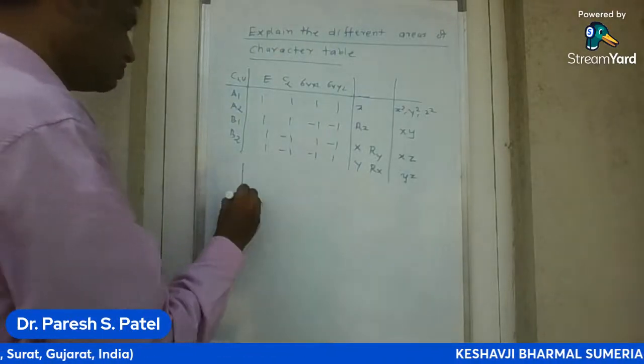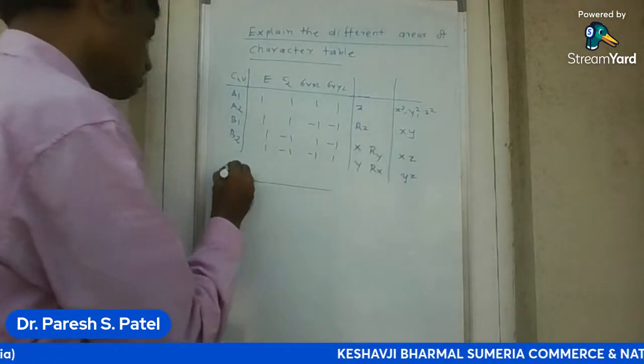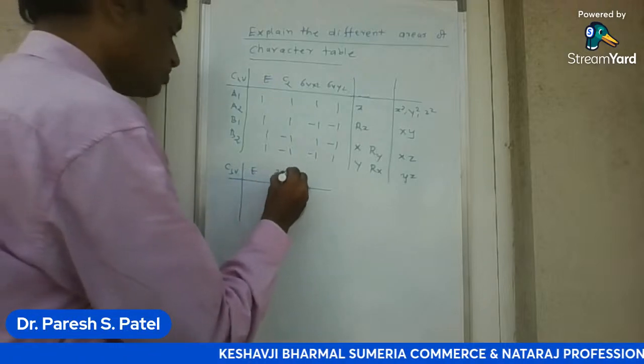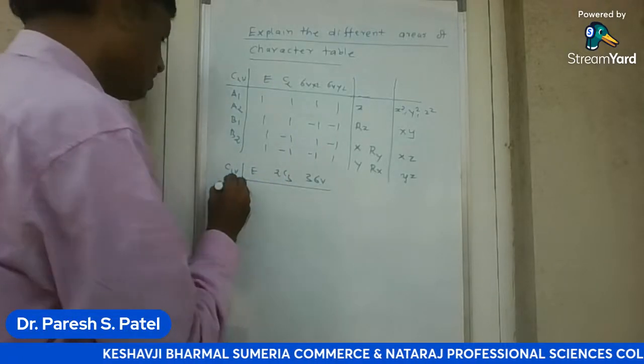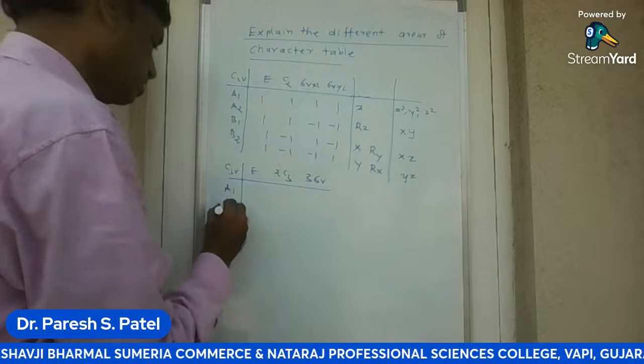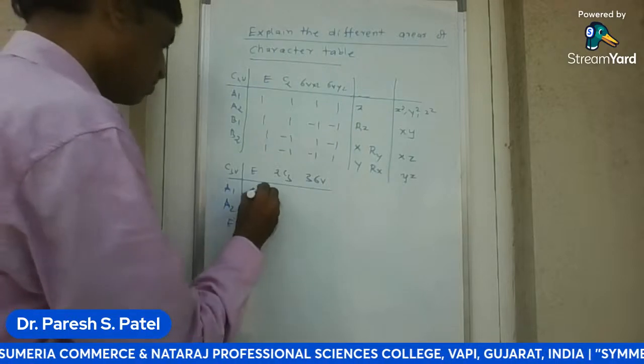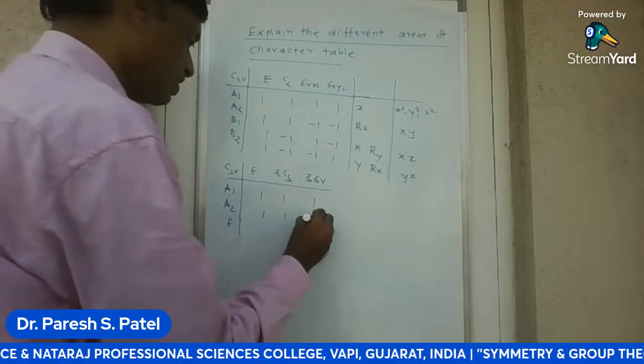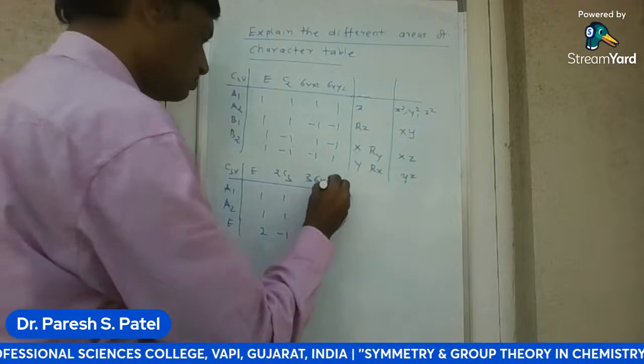In case of C3V: E, 2C3, 3 sigma V; A1: 1 1 1; A2: 1 1 minus 1; E: 2 minus 1 0.